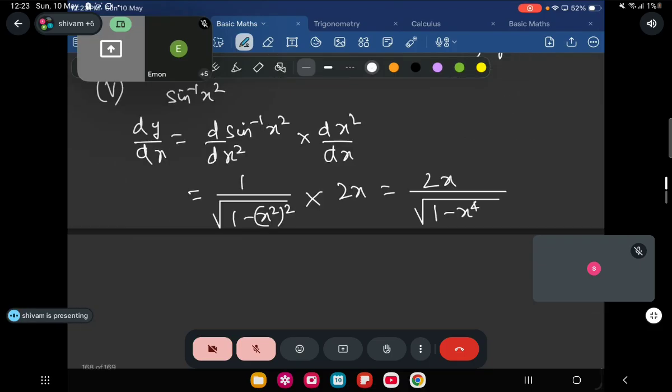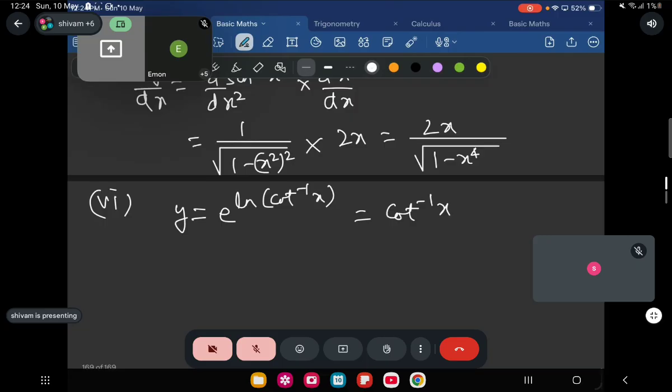Okay. Number 6, last one. Okay, everyone. So what is e to the power ln x? E to the power ln x is x only. So y equal to e to the power ln cot inverse x. Can I write it as just cot inverse x? Yes.